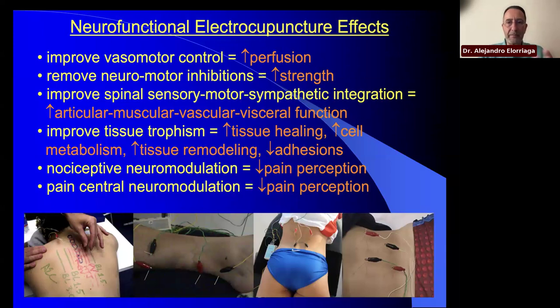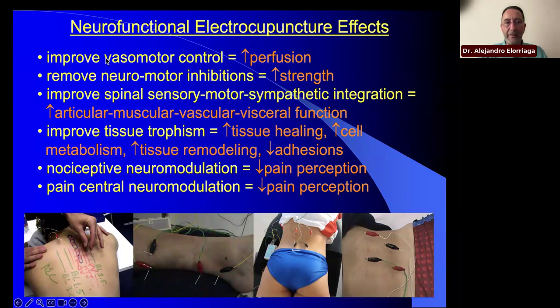And without that, there is no metabolic activity, no optimal activity. And what is the physiological change we need to achieve to improve perfusion? Well, I already showed some studies that prove that needling produces vasodilation, which I like to put in a non-denominational manner: it improves vasomotor control.